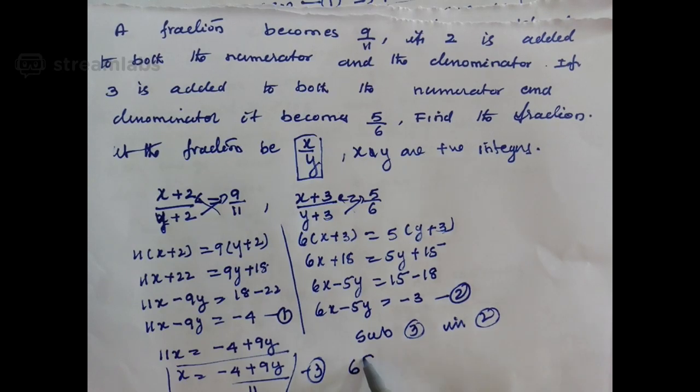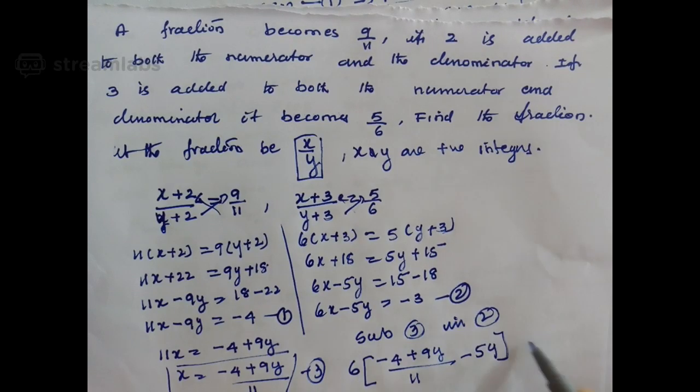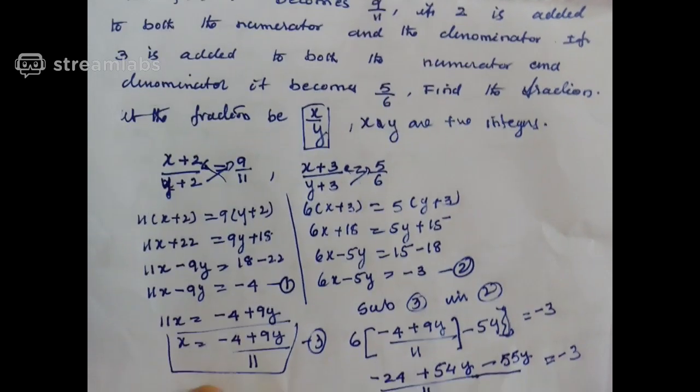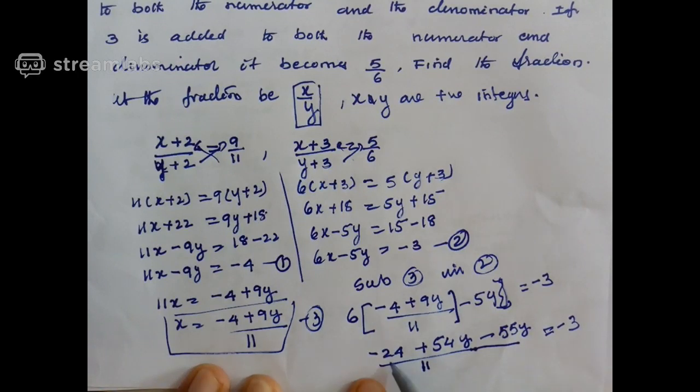Okay, in place of y, I'll substitute x = -4 + 9y by 11, and 5y by 11 is -3. 6 into -4 is -24, plus 6 nines are 54y.